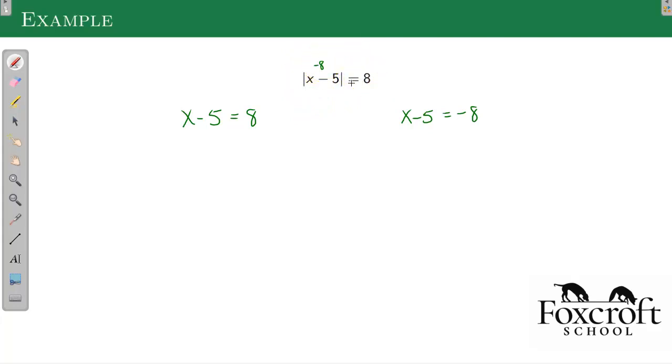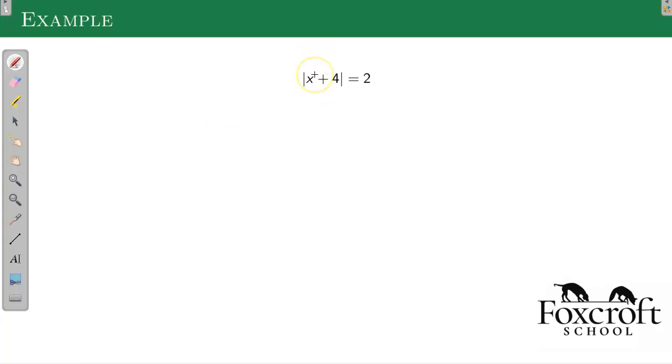So this is what I mean by breaking it up into two separate equations. You take the inside and set it equal to 8, and you take the inside and set it equal to the negative of that version. All right, in this case, I just add 5 and add 5, to get my two answers. So a lot of times with these absolute value problems, you're going to get two separate answers.